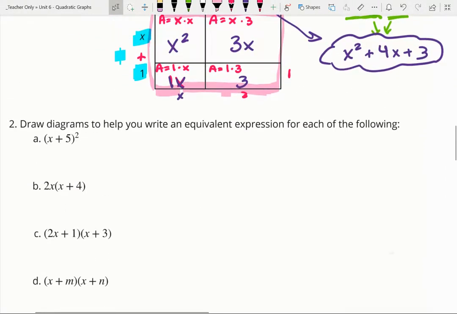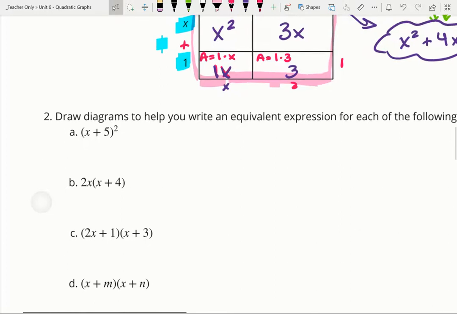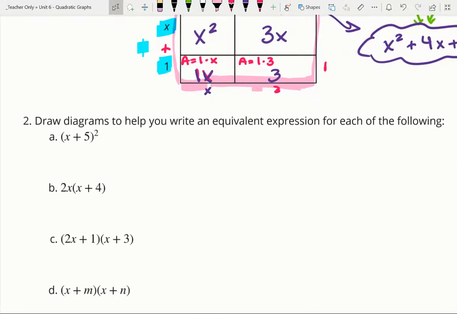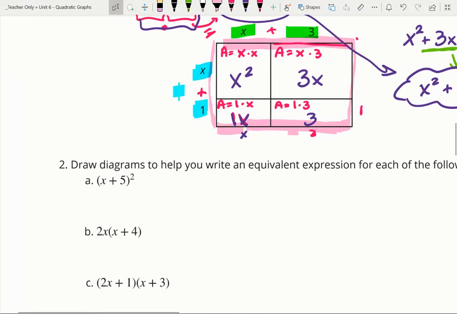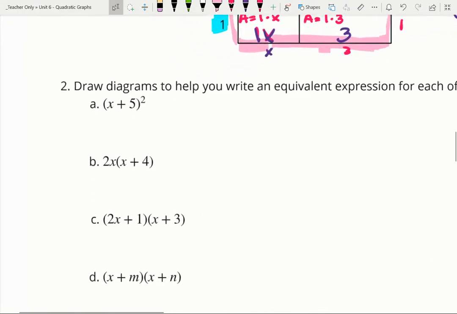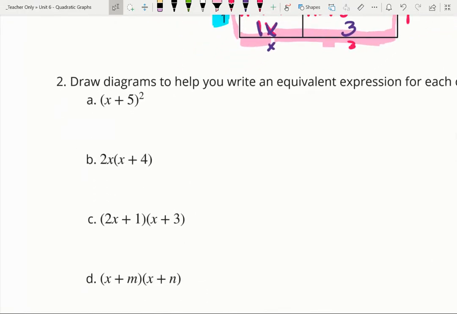There are 4 examples here in question 2. To write the equivalent expression. So you're trying to figure out, when I do this multiplication, what is that going to equal, just like we did in number 1. Now I want to set up number 2a together here. It's x plus 5 squared. Now you might see that square there and you're like, well, Miss Wumble, isn't this x squared plus 25 using the distributive property? Cool, right?